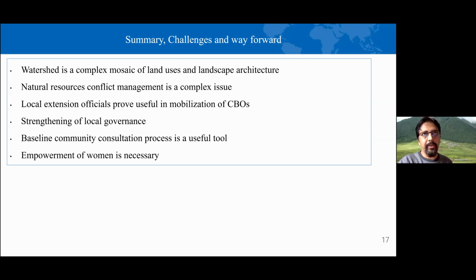And these people who are working for the local communities, these local extension officials, are very important. Community-based organizations are important, and they need to play an important role. And then the local government also plays an important role. And the community consultation process we found is very important, and that should be given first priority for making any decisions in the mountain areas.